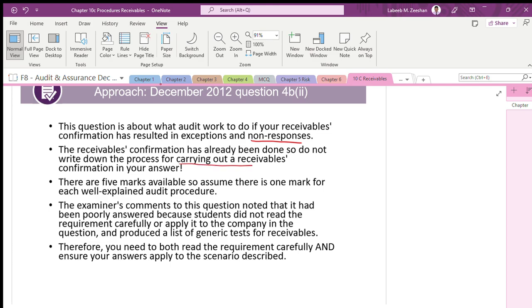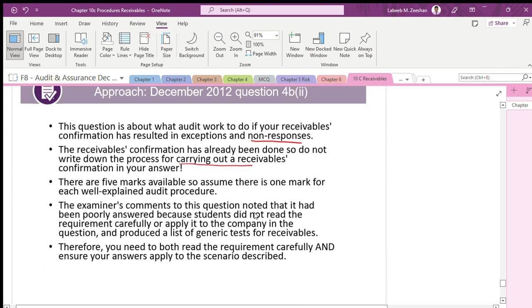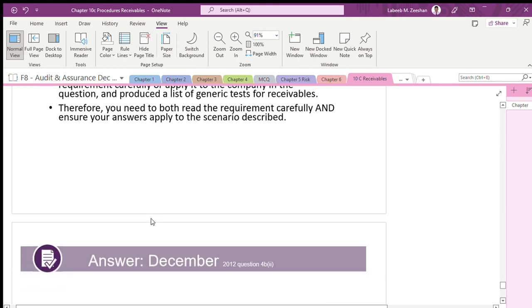They said very clearly that the audit senior has undertaken a receivables circularization for the balances at the year end. So you should not write it. There are 5 marks available, 1 mark for each procedure, and the comments noted that it has been poorly answered. Therefore, you need to read the requirement carefully and answer.